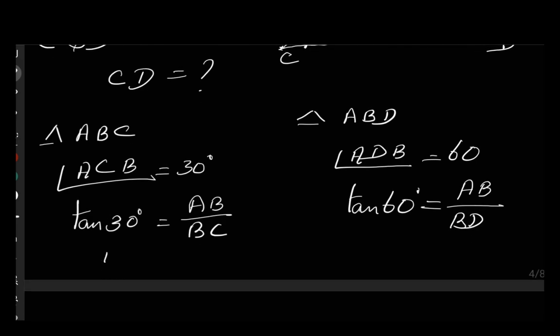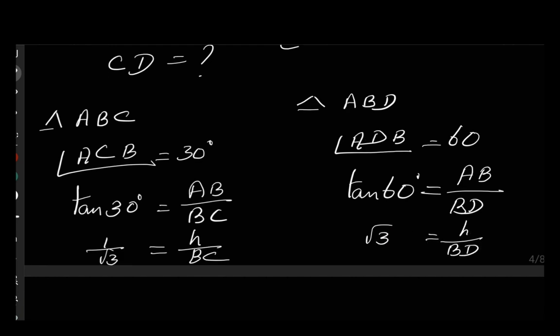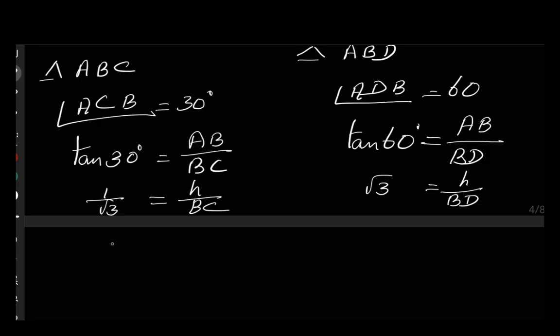So what is tan 30 value? 1 by root 3. AB is h by BC. Tan 60 is root 3, AB is h by BD. Cross multiply. BC is equal to root 3h. Here cross multiply, BD: bring down this root 3 to the denominator on the other side, h by root 3.